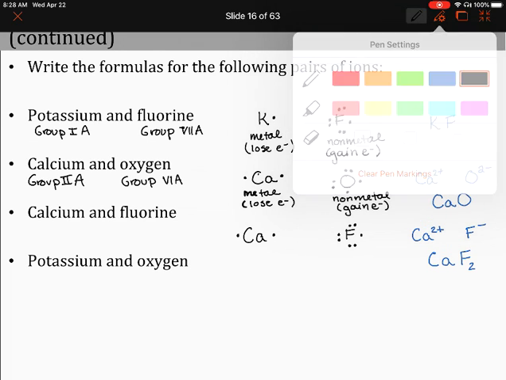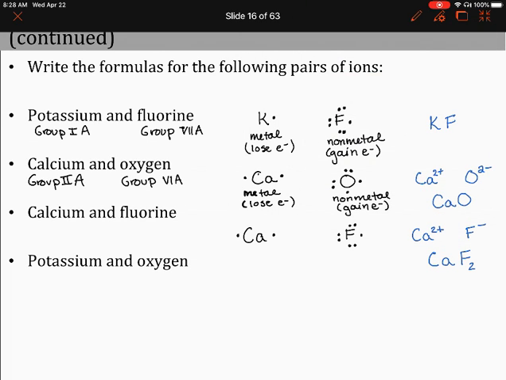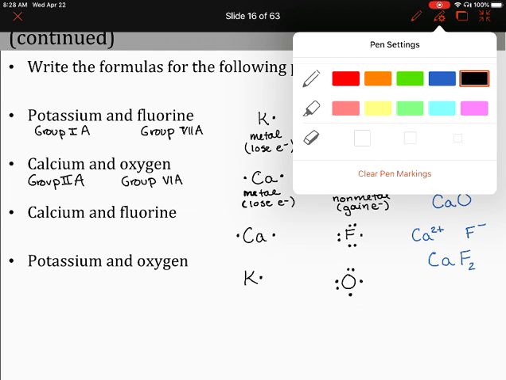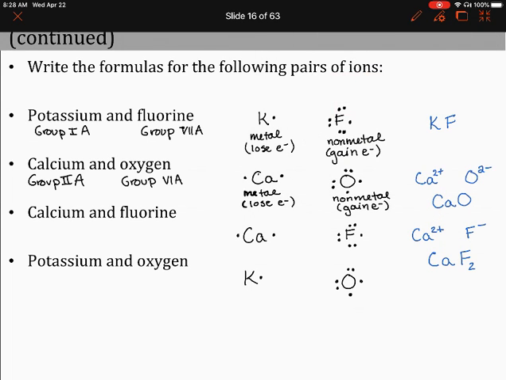Okay, and then in the last problem, we already said that potassium wants to lose 1 electron and oxygen wants to gain 2 electrons. And so that will form a potassium ion and then an oxygen ion with a 2- charge.